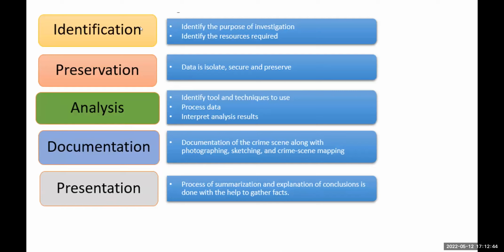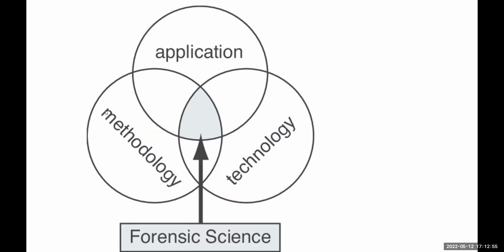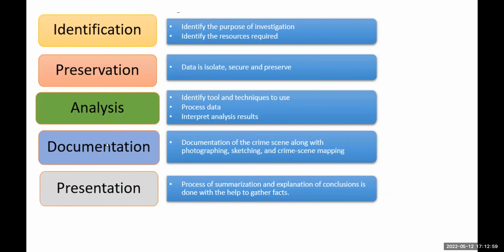So identification of the sample, preservation, because to get the right data, to make sure that there is no doubt, an impeccable conclusion. Then analysis of data. I'm sorry. Documentation, and definitely one has to present the data.